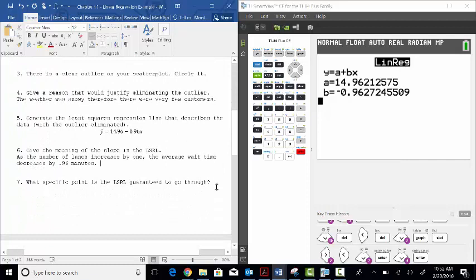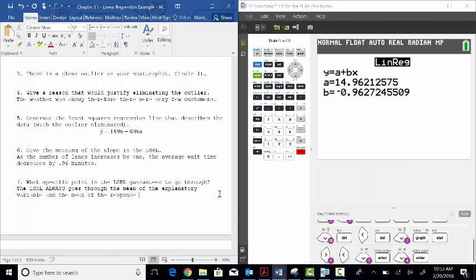All right, so the next one says, what specific point does your least squares regression line guarantee to go through? So one of the key things that you want to learn for your regression is that the least squares regression line always goes through the mean of the explanatory values and the mean of the response variable.